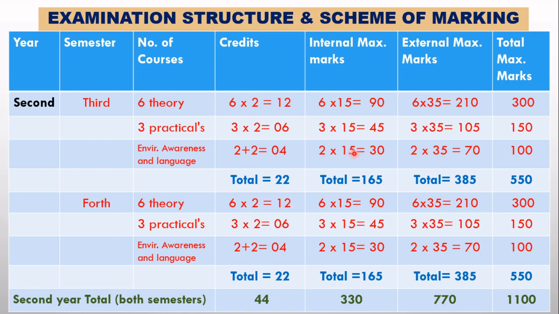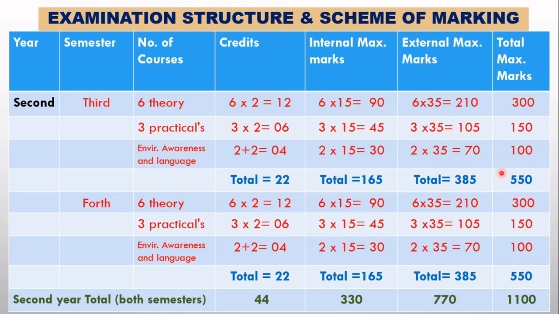So 2 into 15 is equal to 30, and 2 into 35 is 70, so it becomes 100.